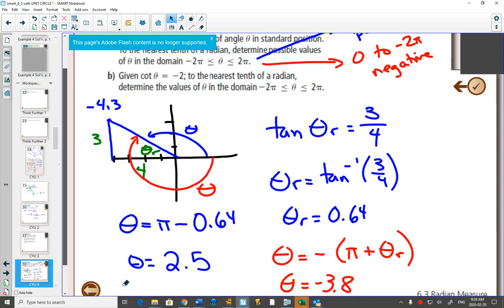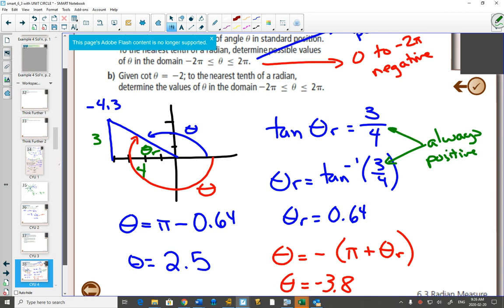Okay? Some things about reference angles. Reference angles are always based on the triangle that you draw. Because it's an actual triangle, your ratios will always be positive. Because in an actual triangle, this length is 4.